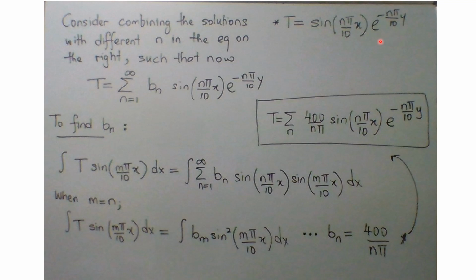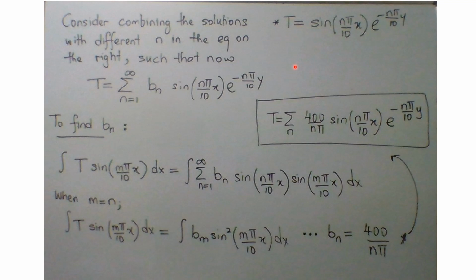This is not possible, because whatever your value of x is, this is going to range from -1 up to 1, right? And when y is equal to 0, this is going to be equal to 1 as well. So there is no way that you're going to fulfill the condition where you have T equals 100 over here. But here you can use an idea from a Fourier series, that is, you are going to take a combination of different values of n in order to give the boundary condition that you want.